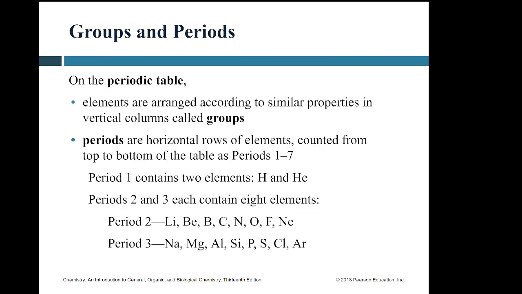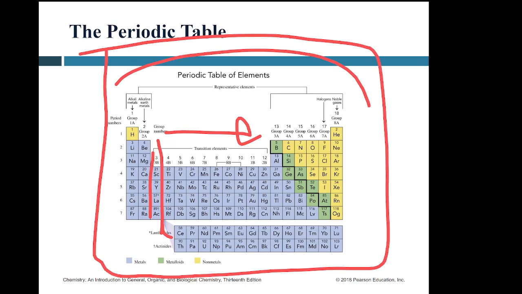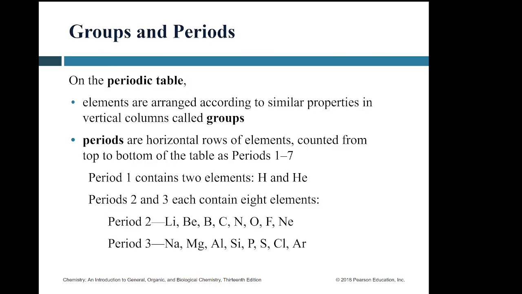So on your periodic table, elements are going to be arranged according to the groups that have similar properties. These vertical columns right here, for example, group 1A, group 2A, 3A, 4A, 5A. You get the idea, right? Okay. And again, they have similar properties.